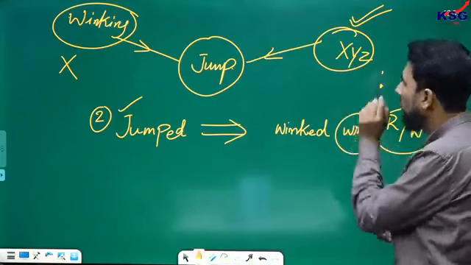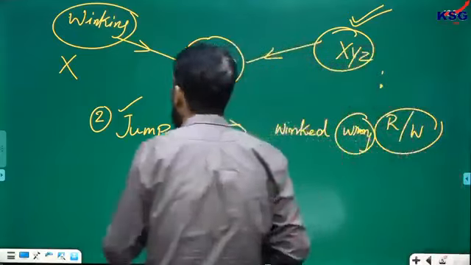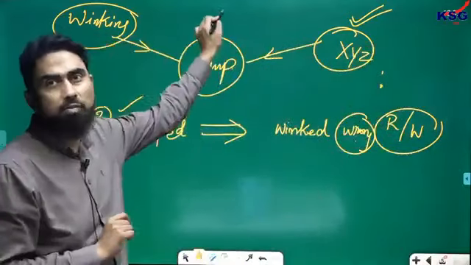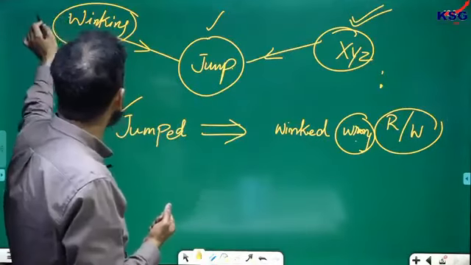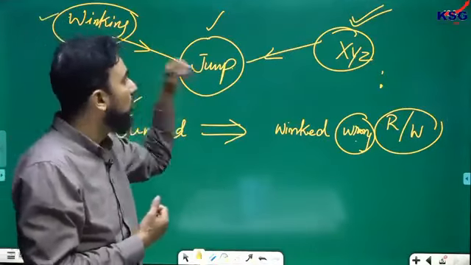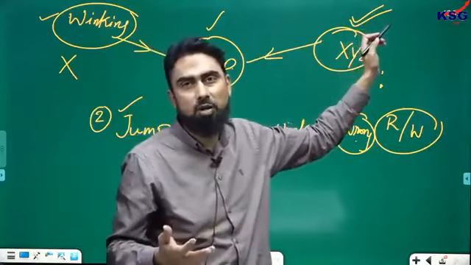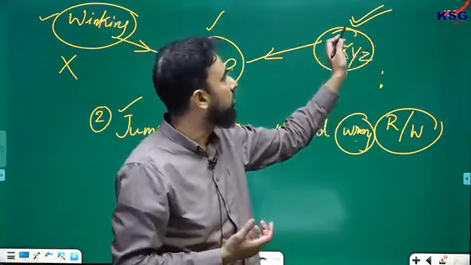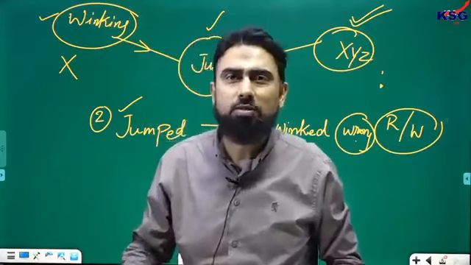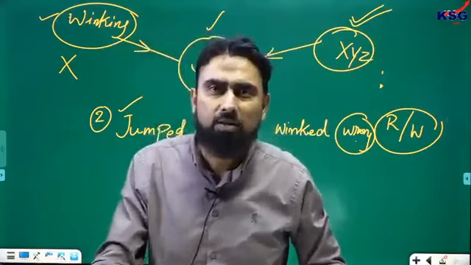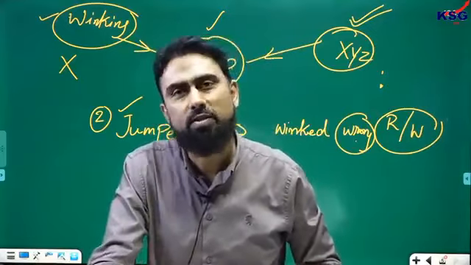It is wrong because if you look at this, you are told that he jumped, and the effect took place. How are you sure that only this cause must have happened? Who knows that he might have jumped or must have jumped on the basis of the occurrence of XYZ? So when two possible causes are there for an effect to take place, you are only told that the effect has taken place.